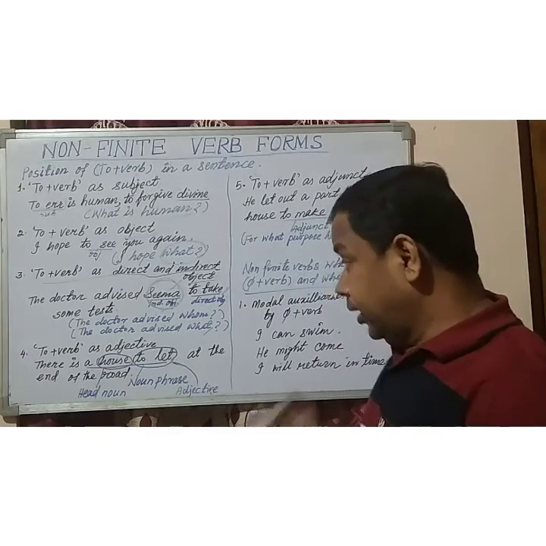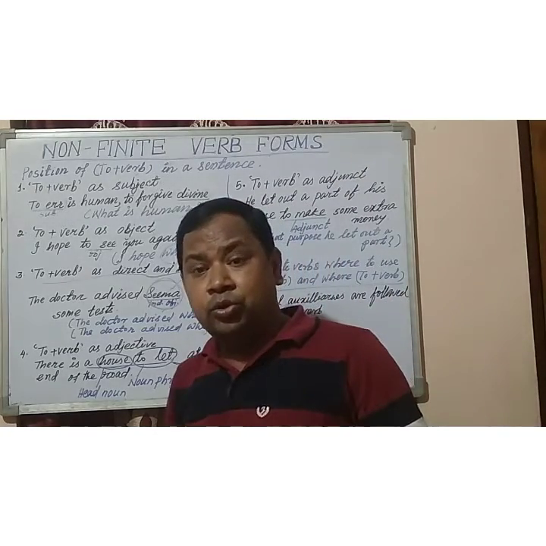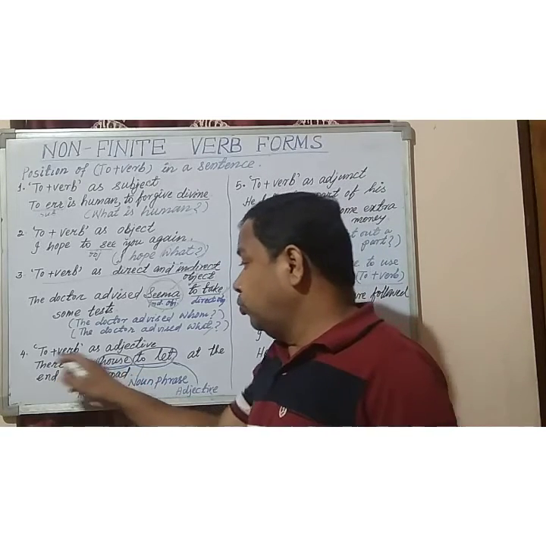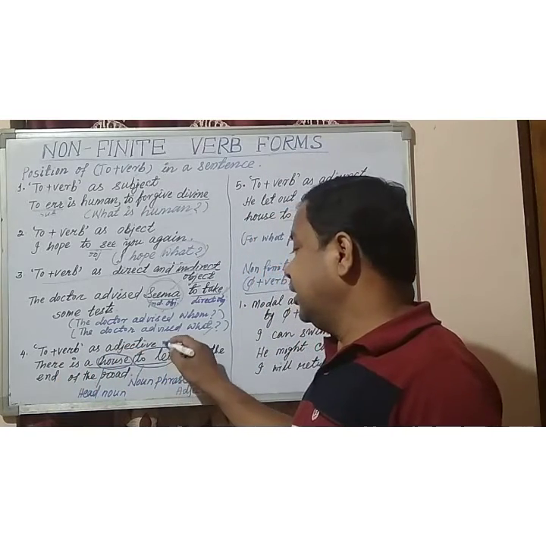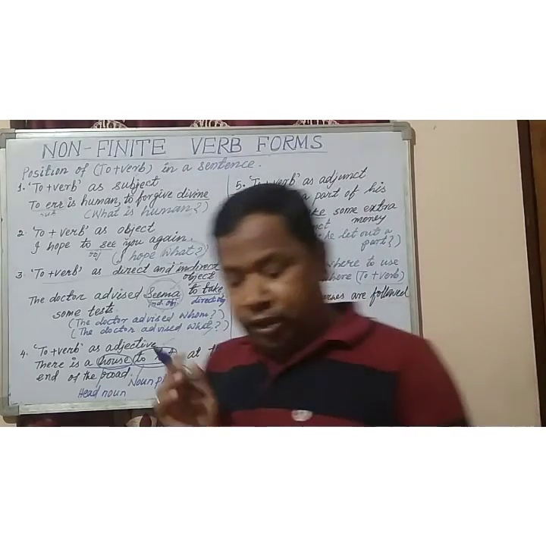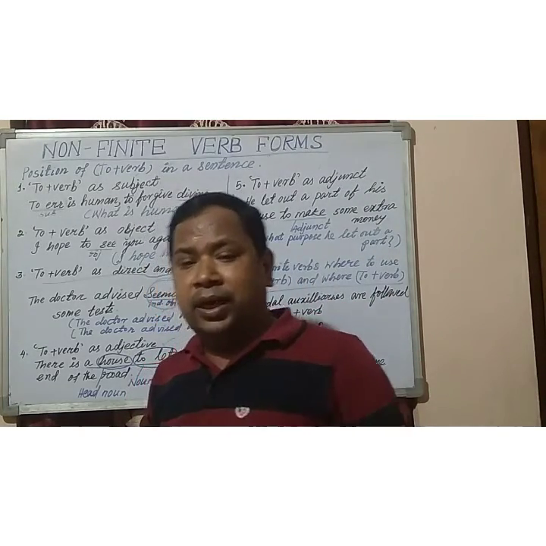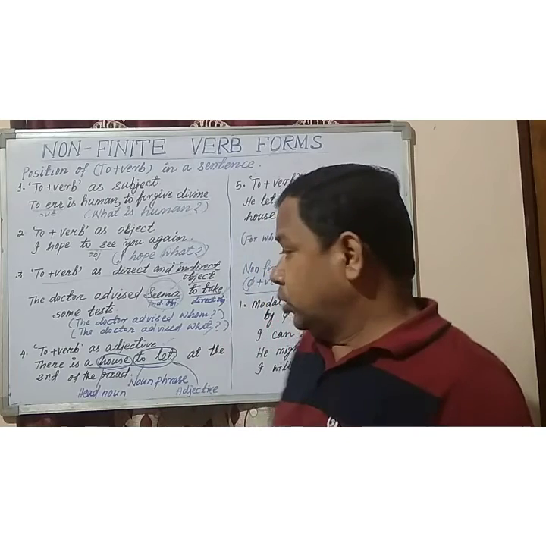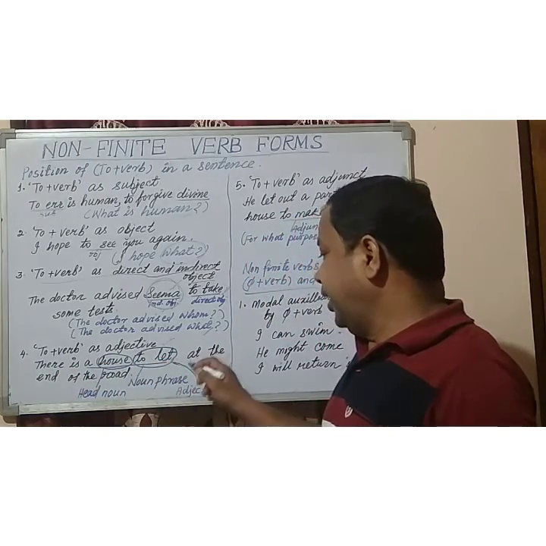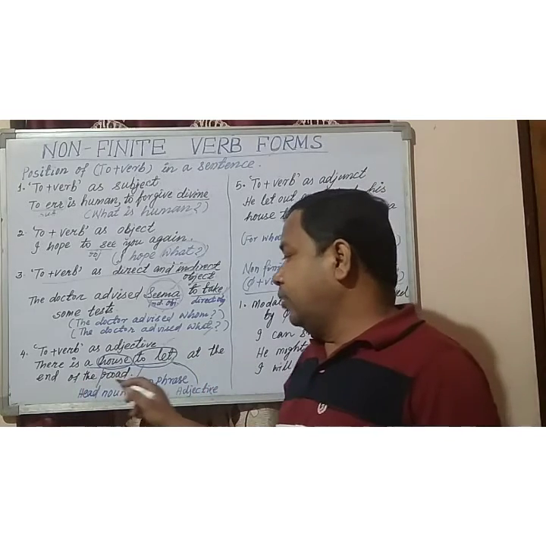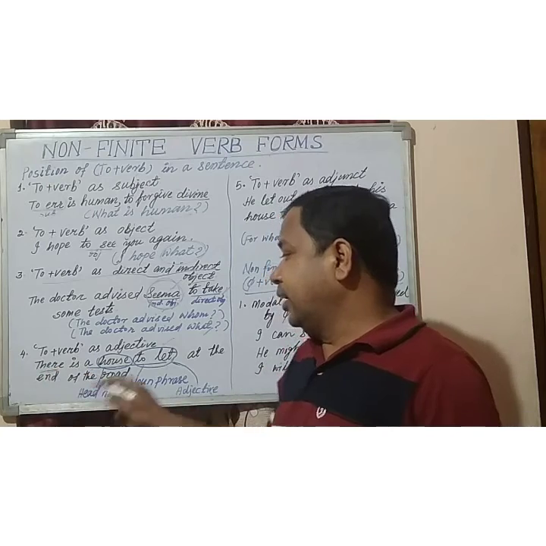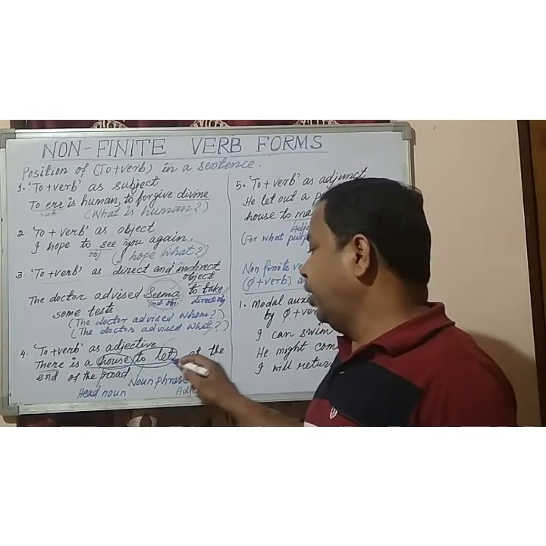Okay. And now let us see where to use to plus verb in another position. That is to plus verb as adjective. As you know, adjective means describing words. We use it before a noun, and after a noun also. What's the sentence? There is a house to let at the end of the road. Starting with there is, and a house to let.